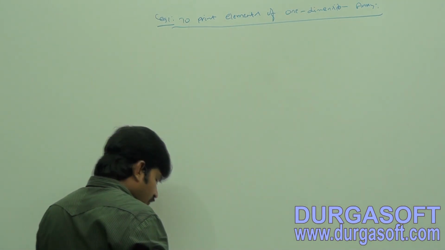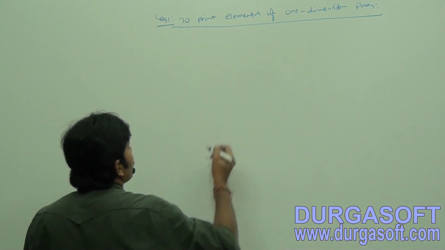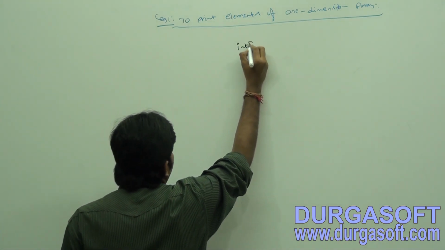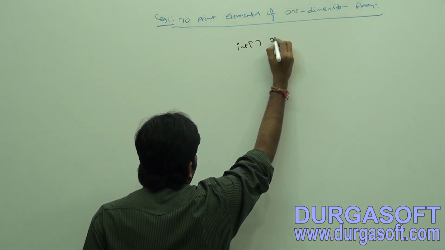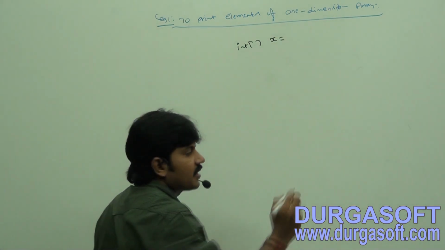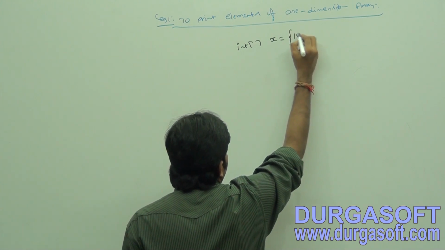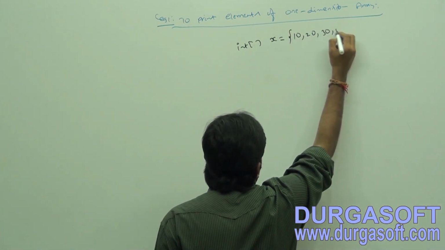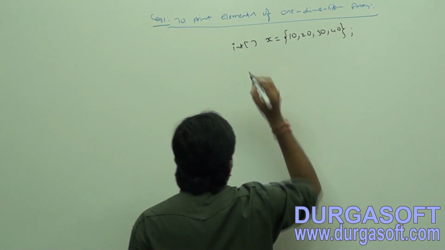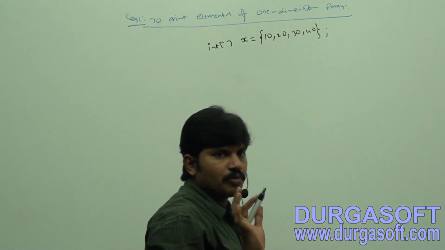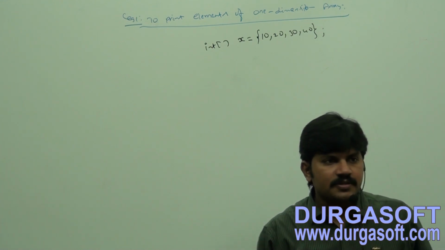Let me take one dimensional array: int array x = {10, 20, 30, 40}. Sir, I have one int array. I want to print its array elements.